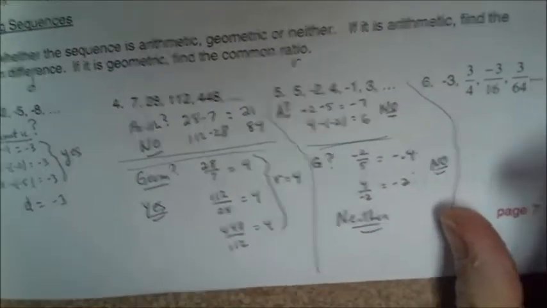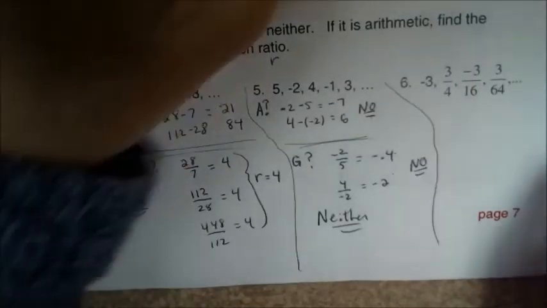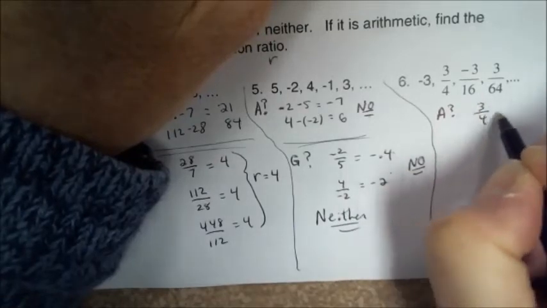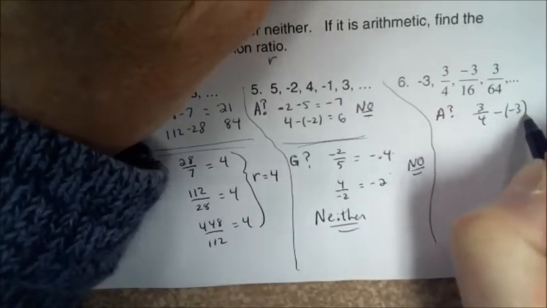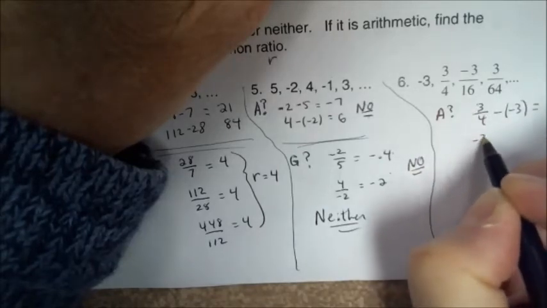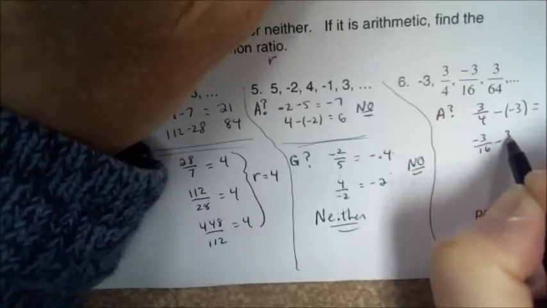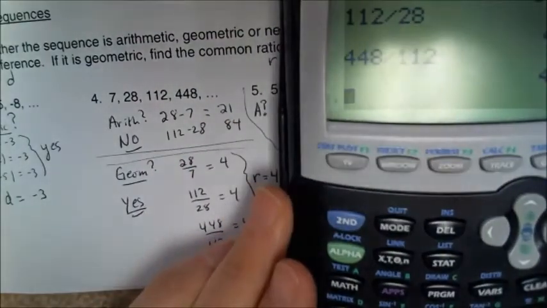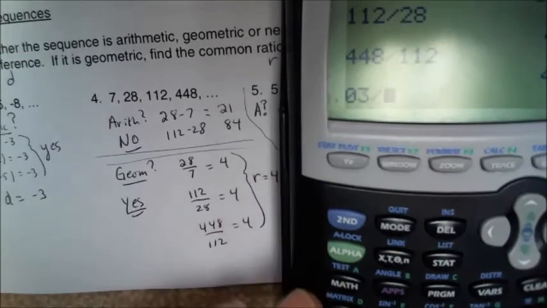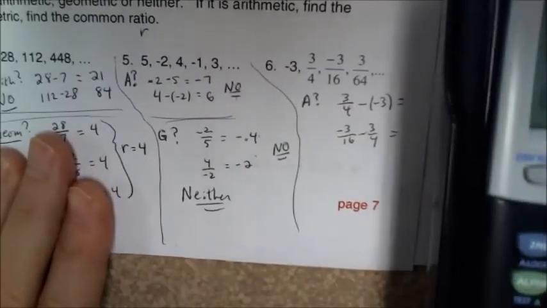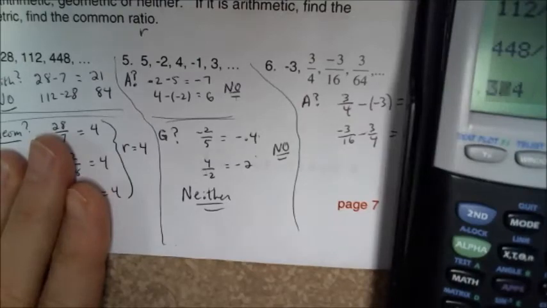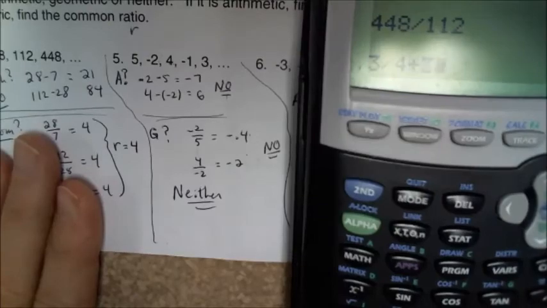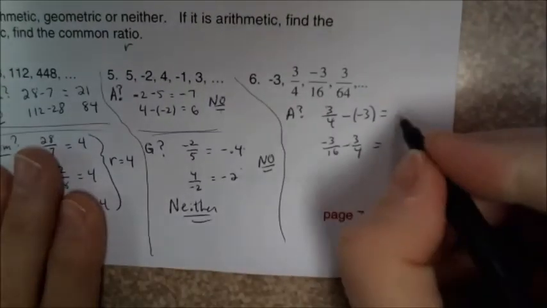And then the last example with fractions. Is it arithmetic? Is 3/4 minus a negative 3 the same thing as negative 3/16 minus 3/4? Let's see. I'm going to use my calculator here. 3/4 minus a negative 3, which is plus 3, that's 3.75.